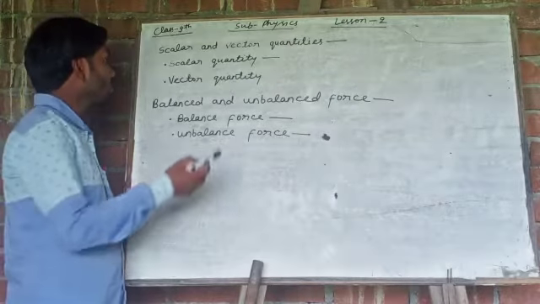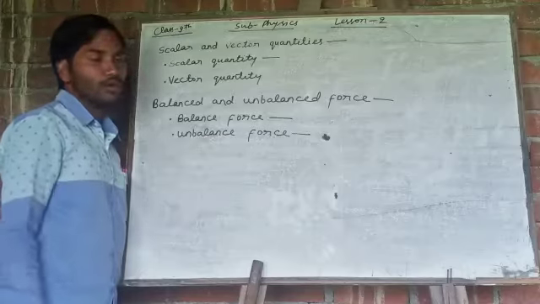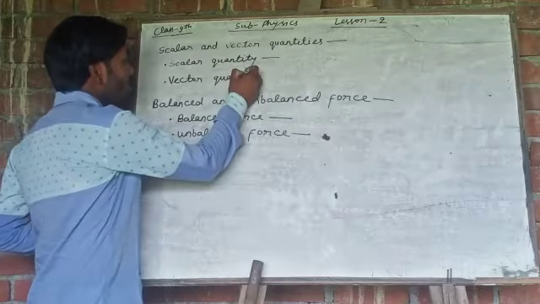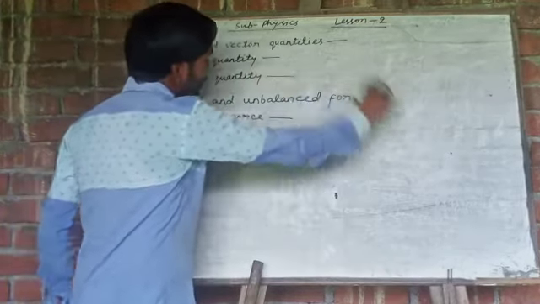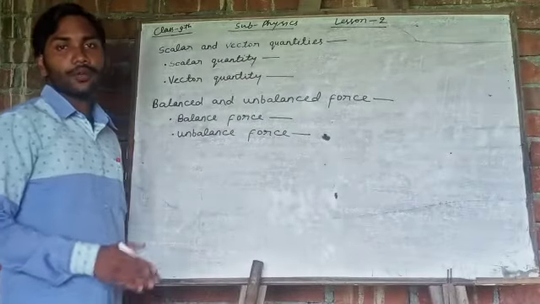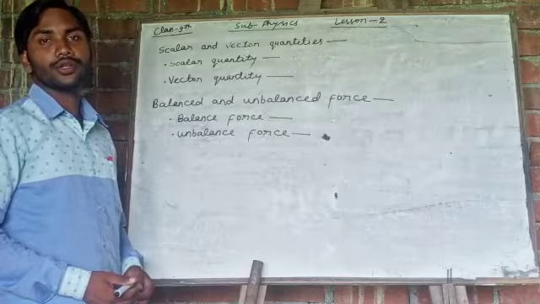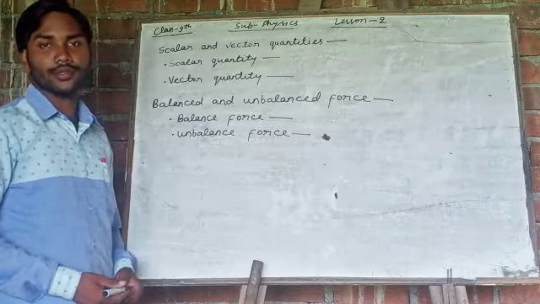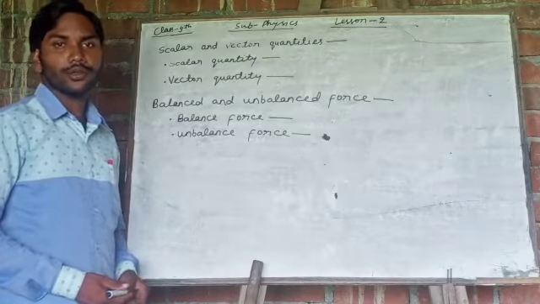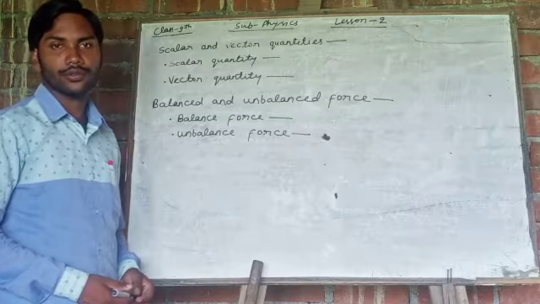After that, we are going to discuss about vector quantity. What is vector quantity? So the physical quantity which possesses both magnitude and direction is called vector quantity.